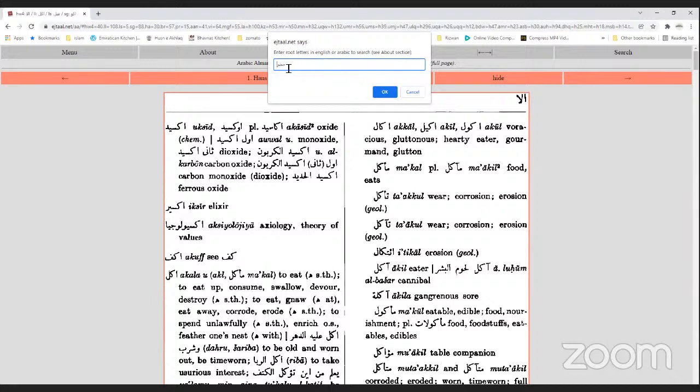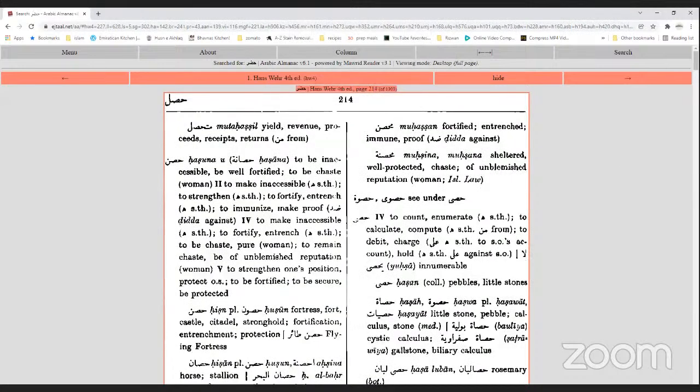You can see this, brothers and sisters, or is it too small? Okay. I'll just say okay, so it will take me to that page. If you have a printed dictionary, then you have to search. Otherwise, from this website you can even download this dictionary to your local PC. If you don't want to use it online, you can download it. There is an option to download also. You can figure it out.